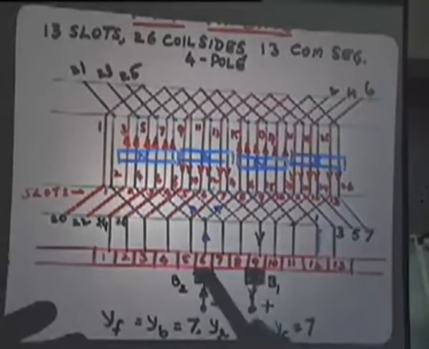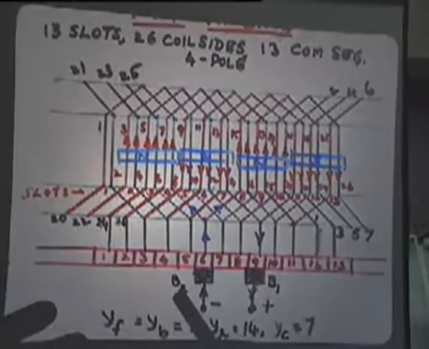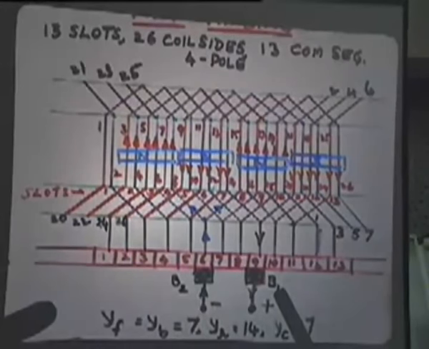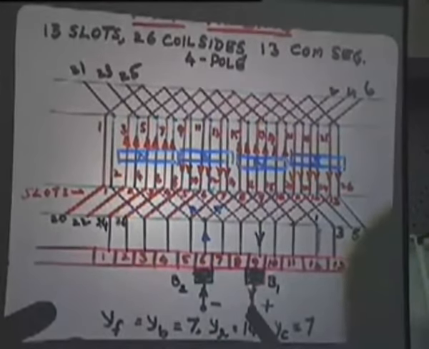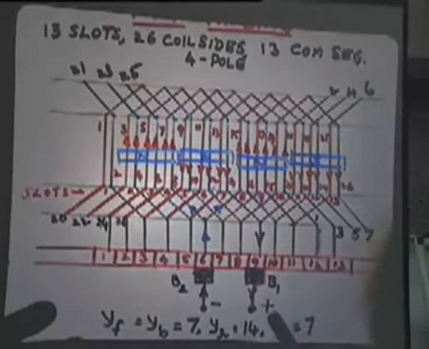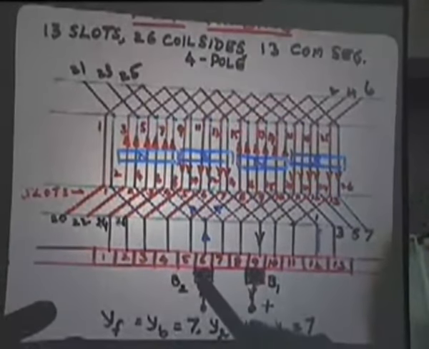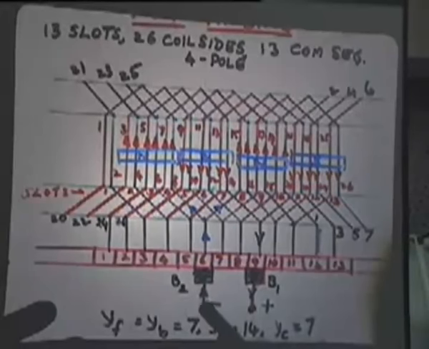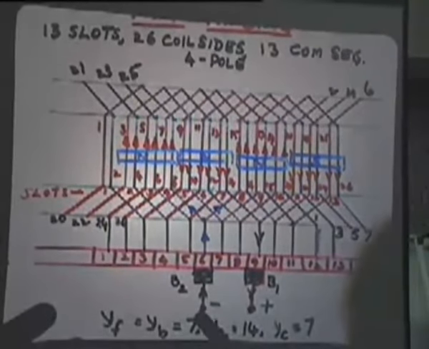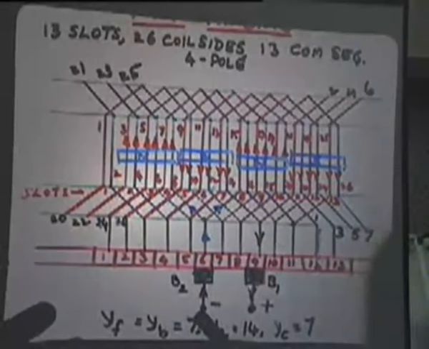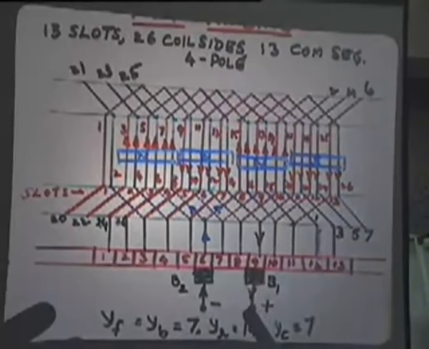Now if the current goes in, say, from brush B2 and comes out, say, from brush B1, if it is a generator convention, the terminal in which the current comes out would be the positive one, and the terminal through which the current goes in will be the negative one. Of course, if it is a motoring convention, the current would be entering from positive and coming out through the negative.